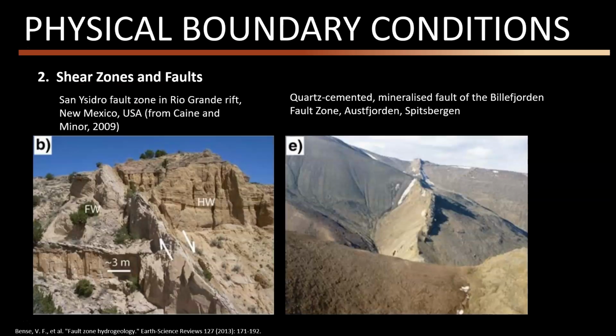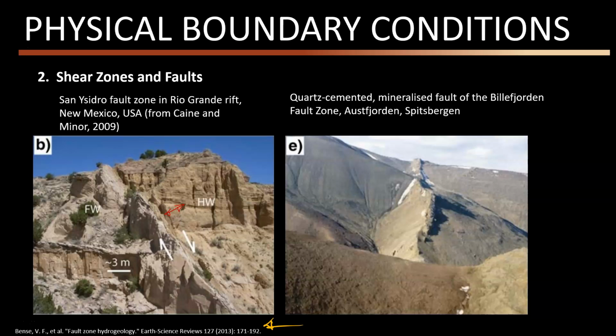So here are two examples of the shears that we can see and find in nature. I found these two pictures from this paper. As you see here, for example, the layers have been displaced and shifted in such a way that you see huge differences between the left and right hand side of the system.